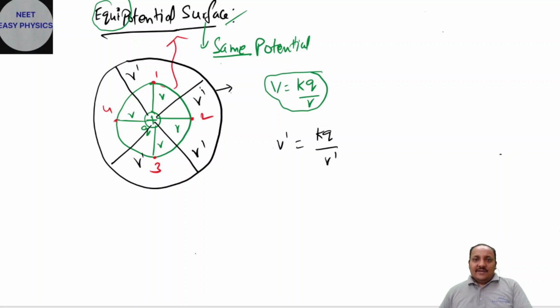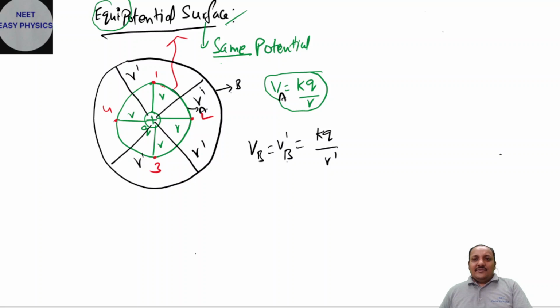So, this is surface B. The initial one is surface A. So, potential at A, VA, and potential at B, VB, Kq by r dash. Surface A is one equipotential surface, and surface B is another equipotential surface.